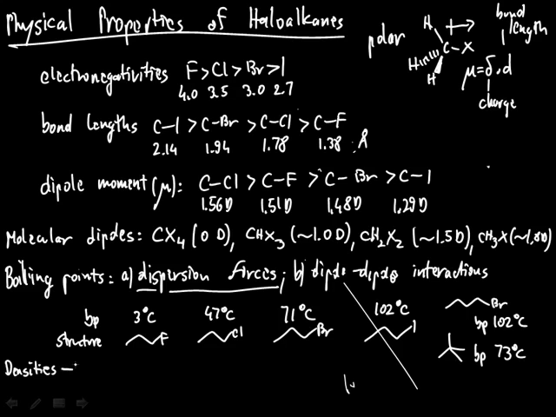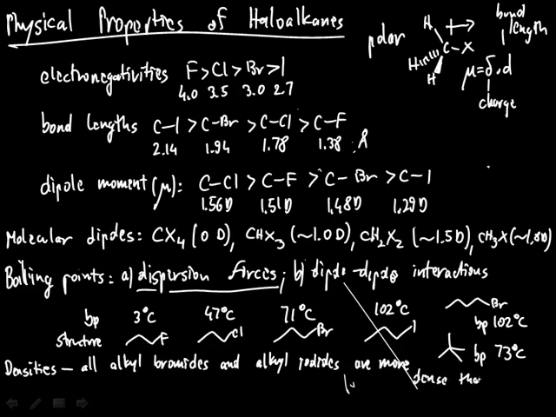In terms of these rules, all alkyl bromides and alkyl iodides are more dense than water. Alkyl fluorides are less dense than water. And alkyl chlorides, which are probably the most common ones, are mixed.